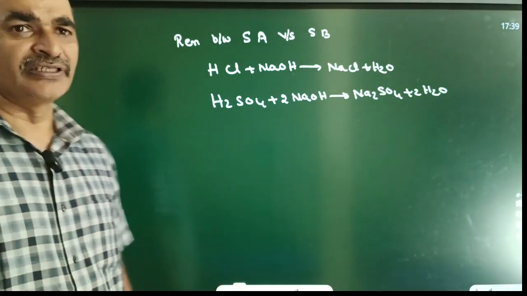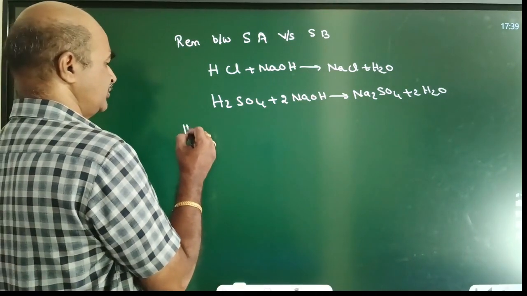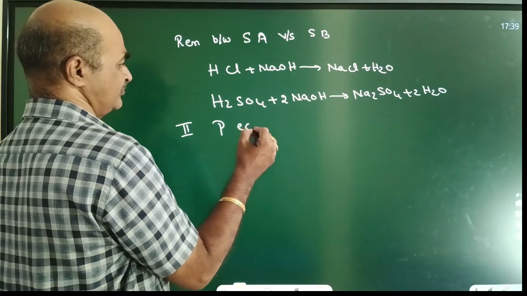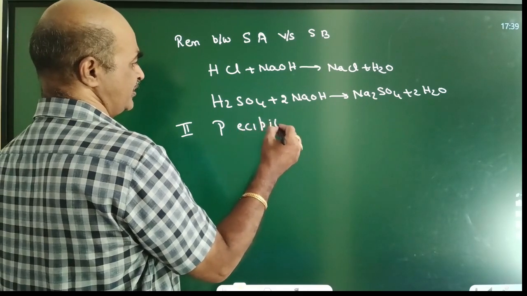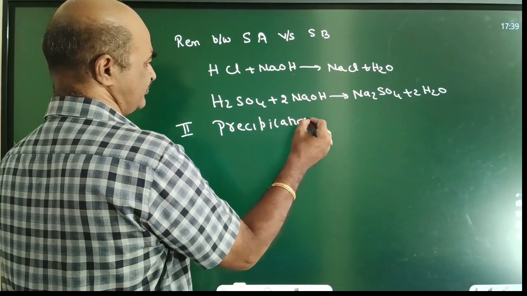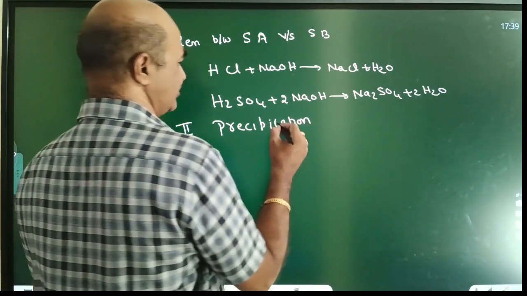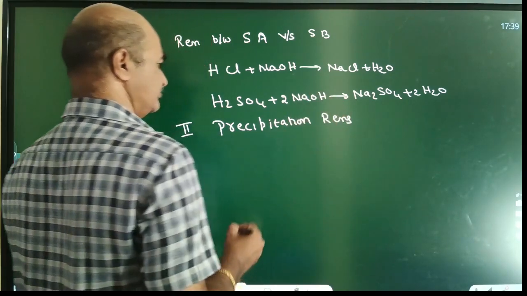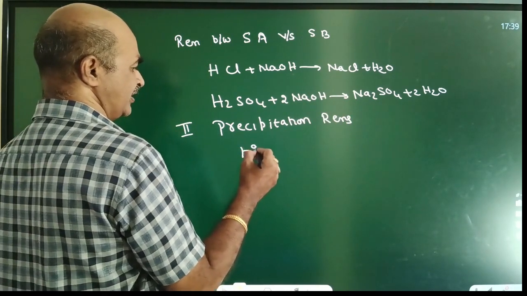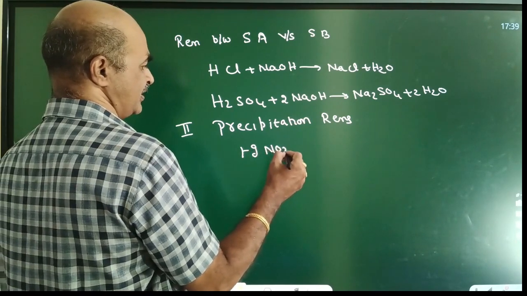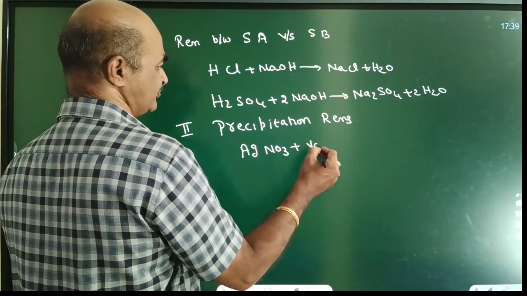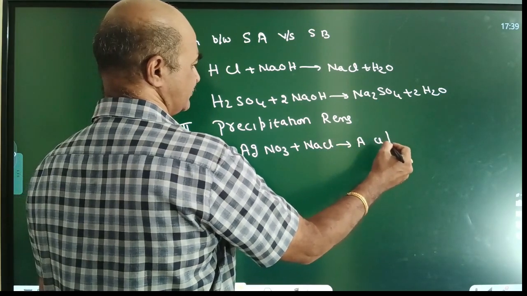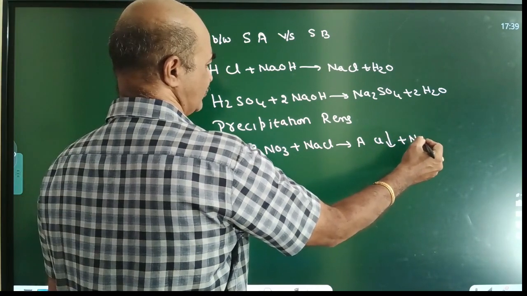And second one, precipitation reactions. Example: silver nitrate plus NaCl gives rise to AgCl precipitate plus NaNO3.